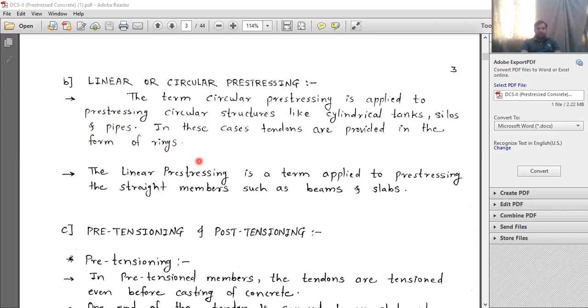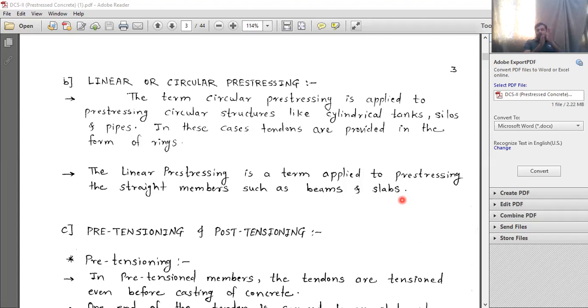Linear prestressing is a term applied to prestressing straight members such as beams, slabs, etc. The members which are straight. A beam is straight, so in the beam you can see horizontal tendons are provided like this. Bars are provided, and when you prestress those bars, that is called linear prestressing.